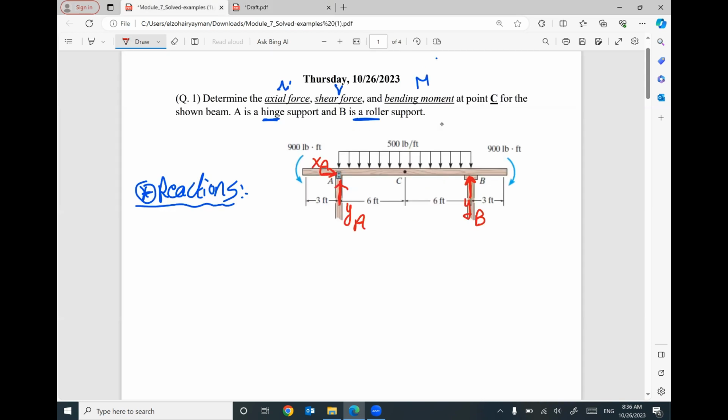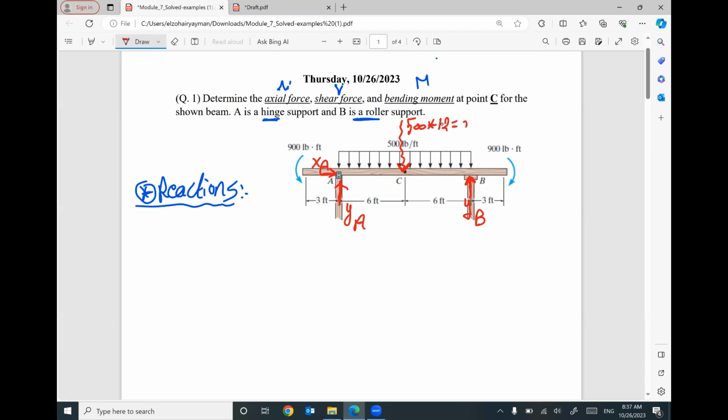Because we have this case right now. We are given a uniform distributed load of 500 pounds per foot. This is the value of the distributed load over a total length equal to 12 feet. So this distributed load will be converted to an equivalent force equal to 500 times the total length 12.